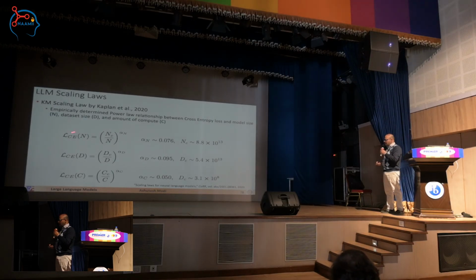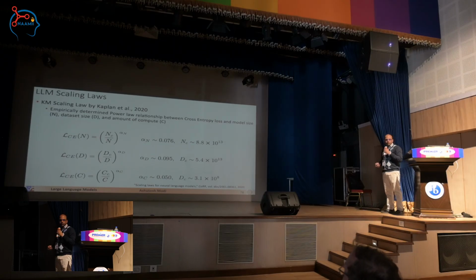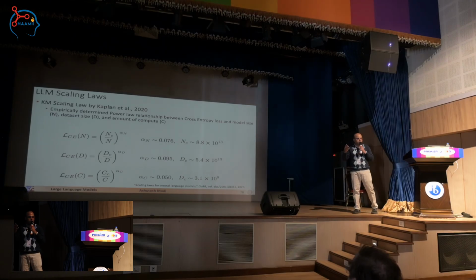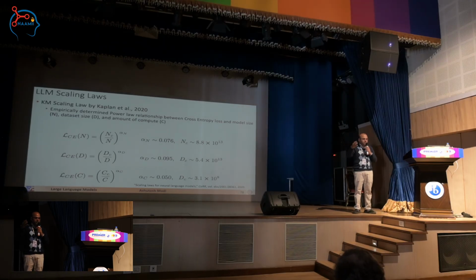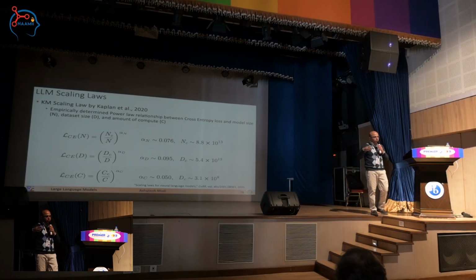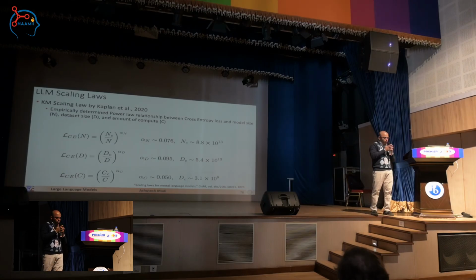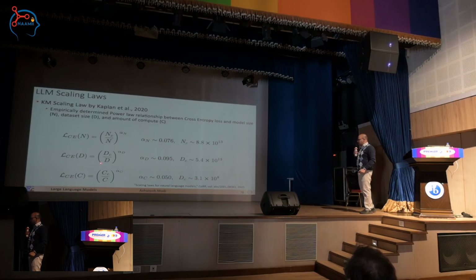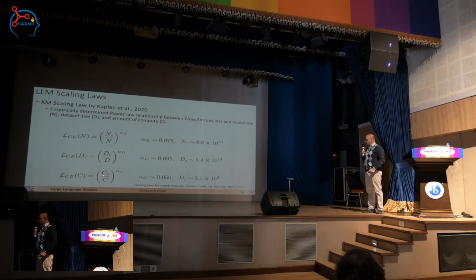For a given size of the model, let's say the number of parameters, the loss is inversely proportional to the number of parameters. That means as the model size grows and the number of parameters increases, the loss will go down. And obviously you want the loss to be as small as possible. The same relationship holds with the size of the data set and the amount of compute as well.